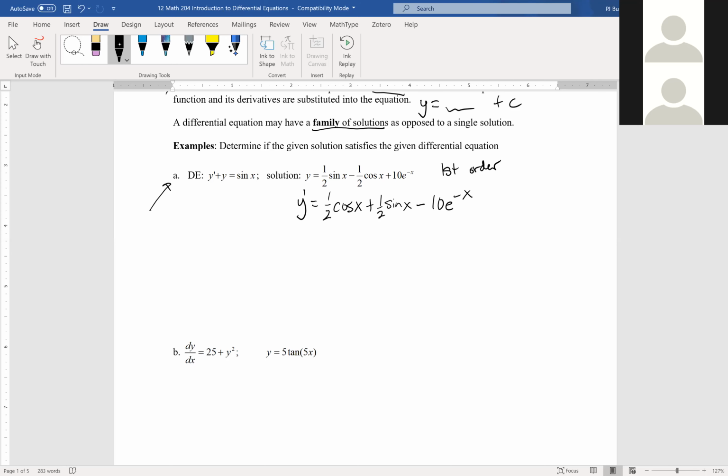So now I need to take y prime, plug it in there, take y, plug it in there, and prove that what comes out of the left-hand side is equal to sine of x. So this is kind of reminiscent of trig, when you would prove the trig identities, right? You take the left-hand side and prove that you get the right-hand side.